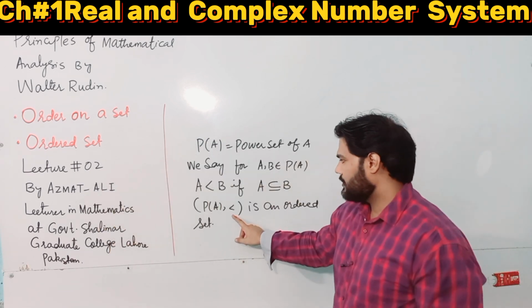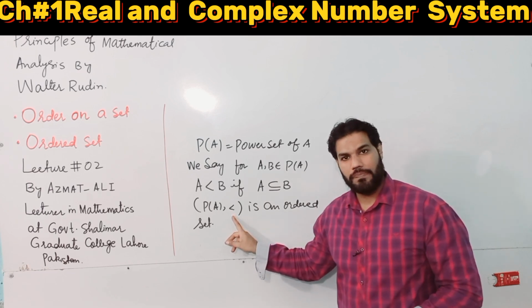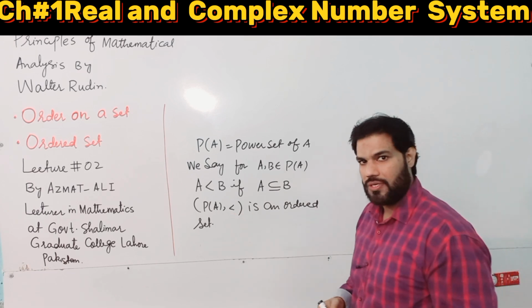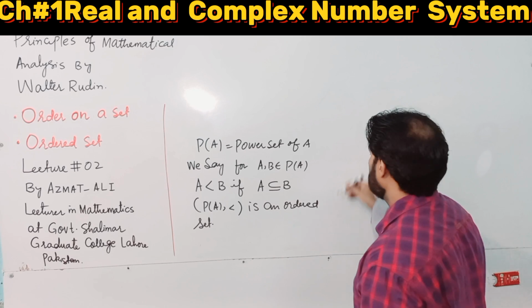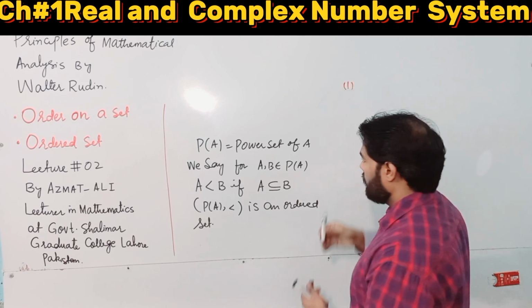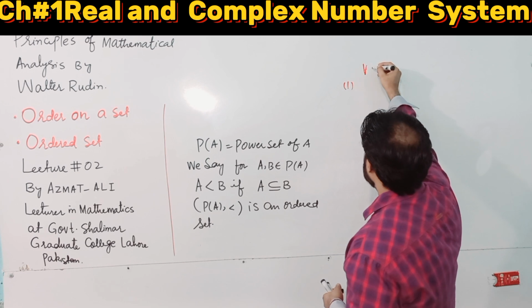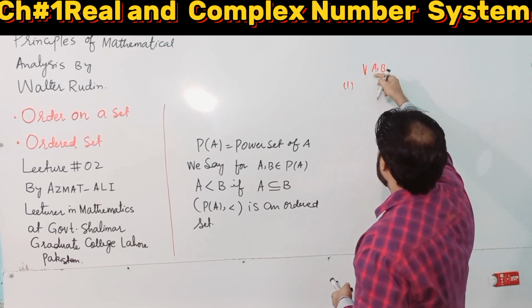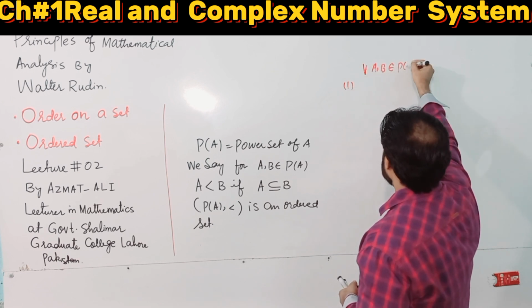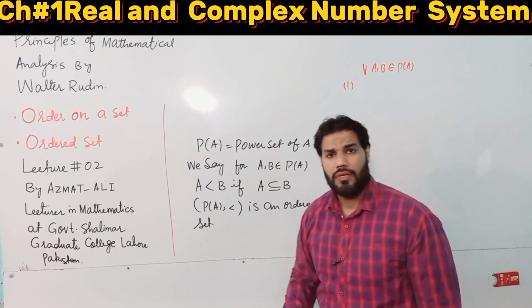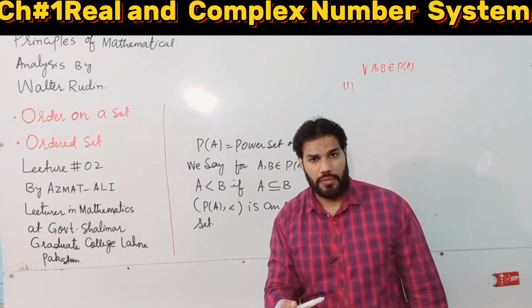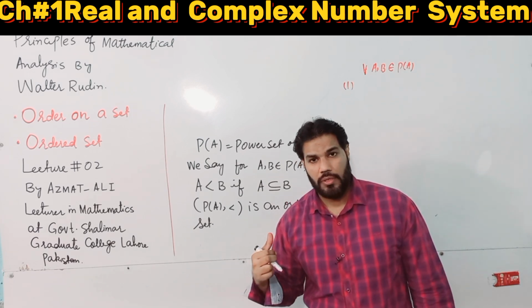this less than sign is said to be an order on a set if it satisfies two properties. The first property is, for all two elements A, B belonging to the power set of A, one of the expressions will hold.